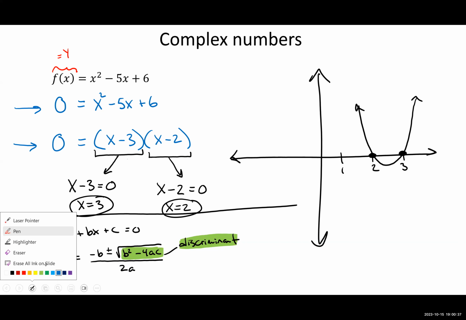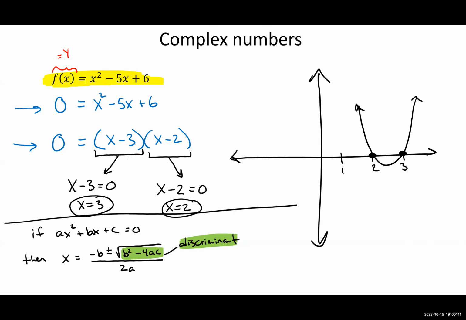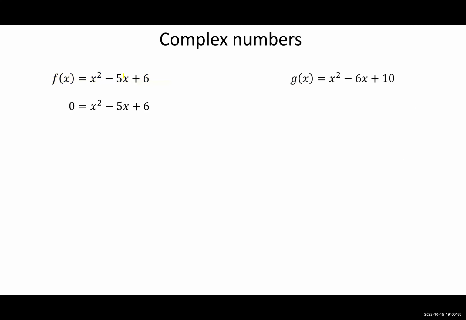Now, we just looked at this guy right here, x squared minus 5x plus 6. Let's look at a slightly different quadratic function that's going to play out a little bit differently.